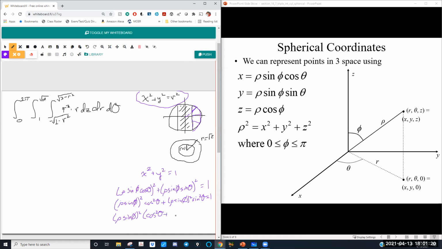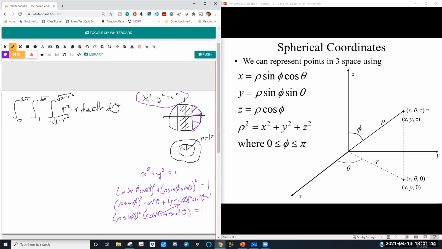Cosine squared theta plus sine squared theta equals 1. And we know from our Pythagorean identity, sine squared plus cosine squared equals 1. So we end up with (rho sine phi) squared equals 1, which we can take the square root of both sides.